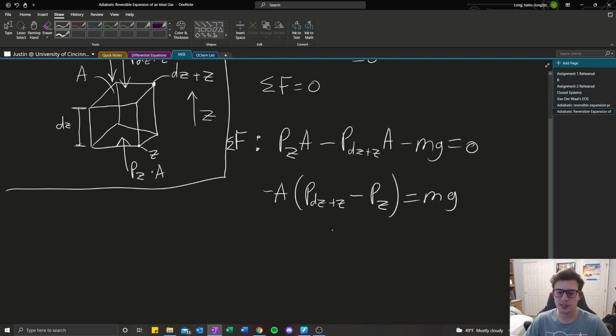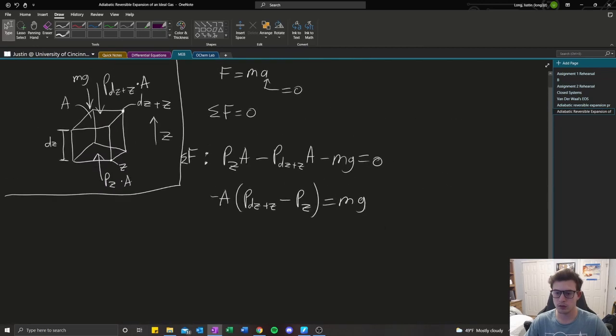And so now we want to recognize that we can take this mass, and because we are acting on an ideal gas, we know that the mass is equal to the density times volume.